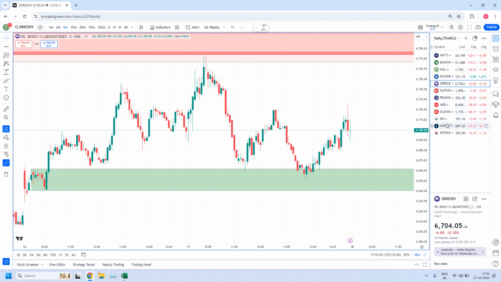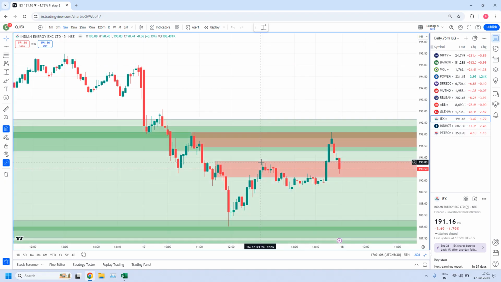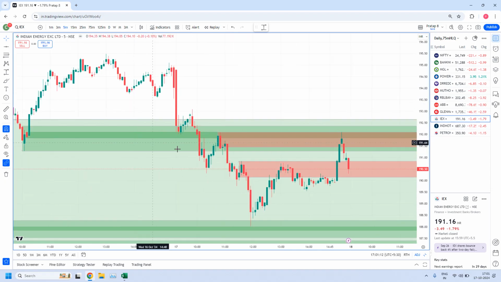That means IEX, if you would have taken the first IEX trade, the first IEX trade is violated in this candle, 10:05. If anybody is holding this IEX trade, there is a possibility that Dr. Reddy, you might have missed the trade. Or if you would not have taken this IEX trade, those people would have taken Dr. Reddy's trade. I'm just trying to correlate what is the possibility of taking the trade or missing the trades.